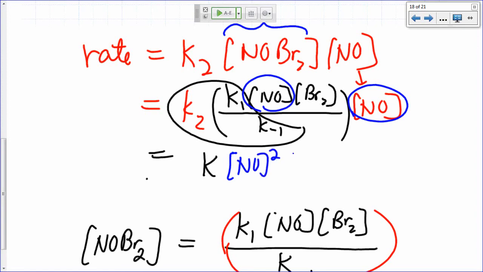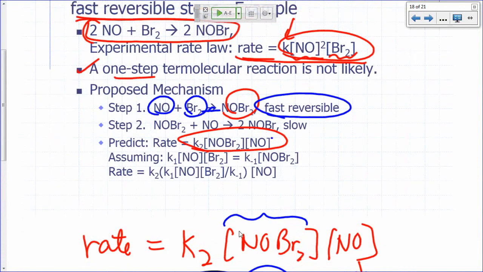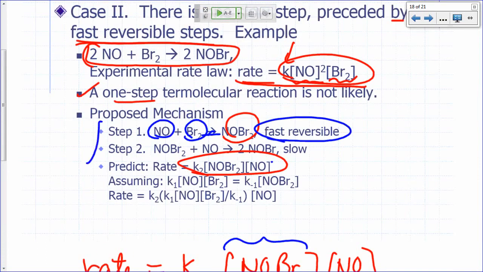And I have Br2 right here. So here's a rate law that you can predict from this mechanism. So this proposed mechanism is going to be consistent with the observed rate law, which is second order with respect to NO and first order with respect to Br2. Okay?